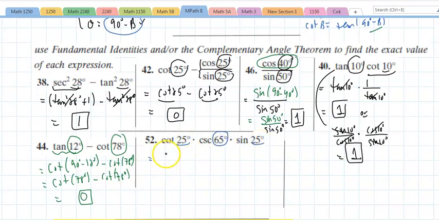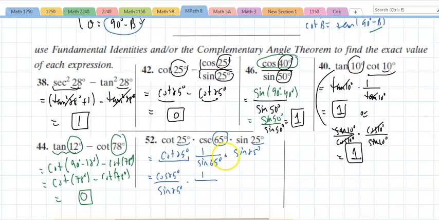And I look at my last example, I notice this is 25, but this is 65. So I would say this is the cotangent of 25 degrees. This is 1 over, isn't cosecant 1 over the sine? So that I don't have to derive complementary for cosecant, and that's the sine of 25 degrees. Now, since these are in sine, isn't this cosine of 25 degrees over the sine of 25 degrees?